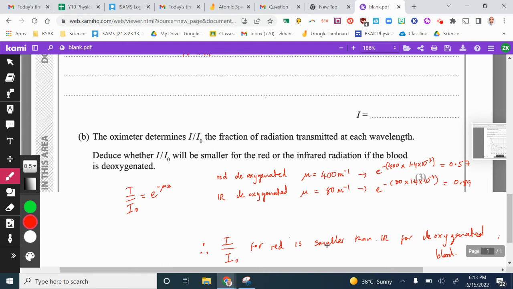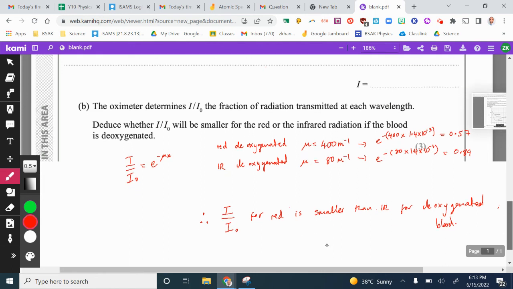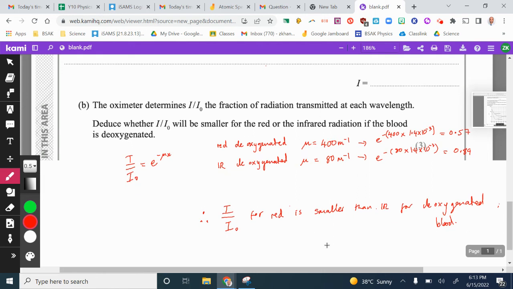We'll repeat that for infrared and deoxygenated blood, which was 80 as we saw from the graph, put that in, and we got 0.89. That's going to equal I over I0, the fractional change of the intensity. So the fraction of intensity transmitted is smaller for the red compared to the infrared for deoxygenated blood.